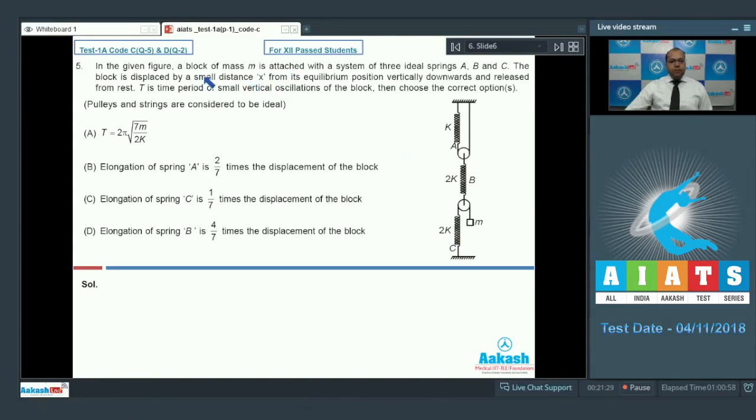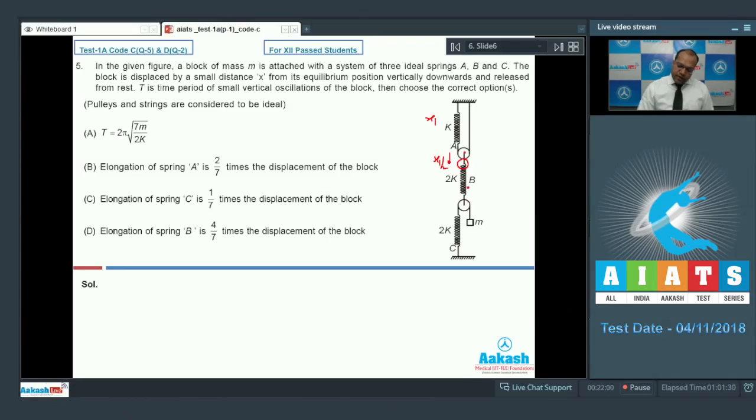Suppose when the block is displaced by a distance x from the equilibrium position, at that moment the further extension in spring A is x1, in spring B is x2, and in spring C is x3. Then I can say that if x1 is the extension in this spring, then the center of the pulley will move downward by a distance x1 by 2.